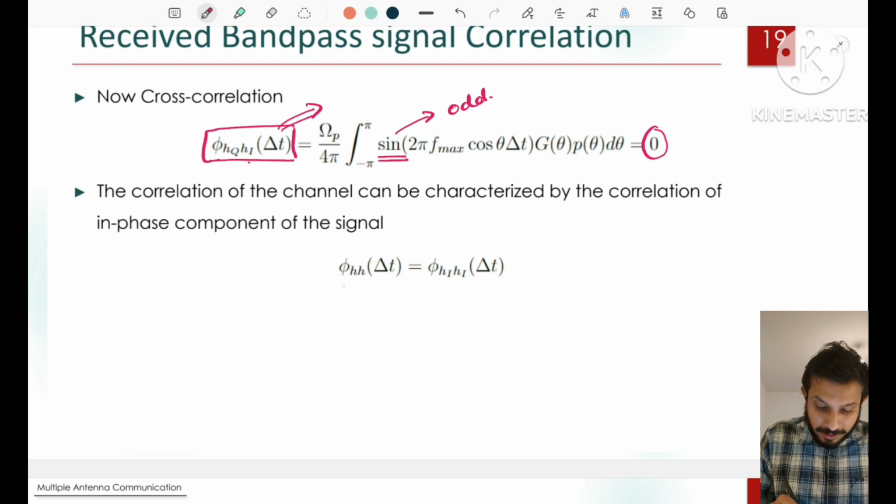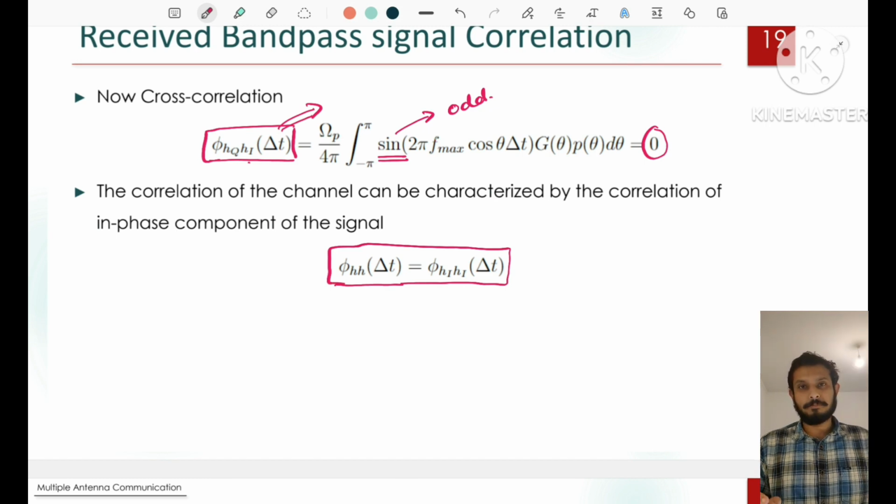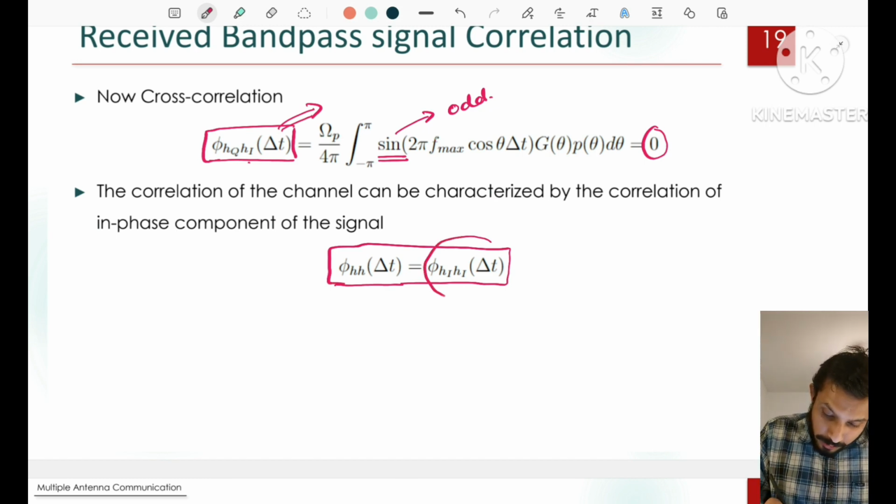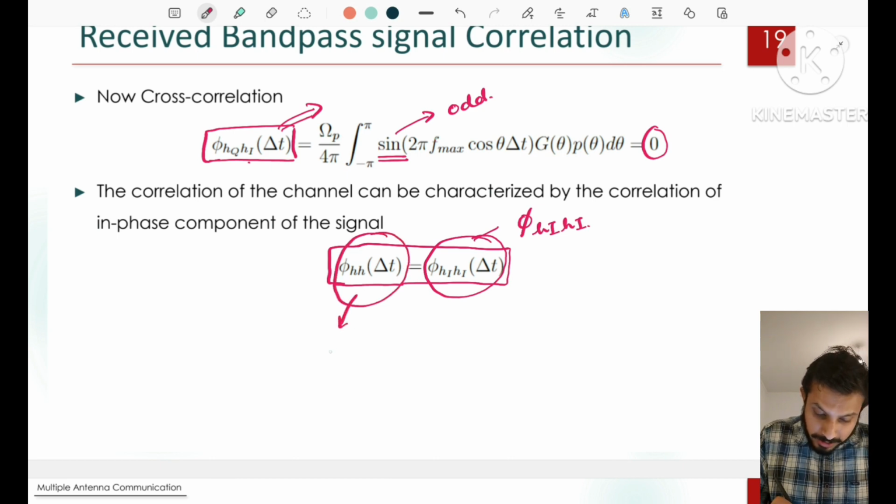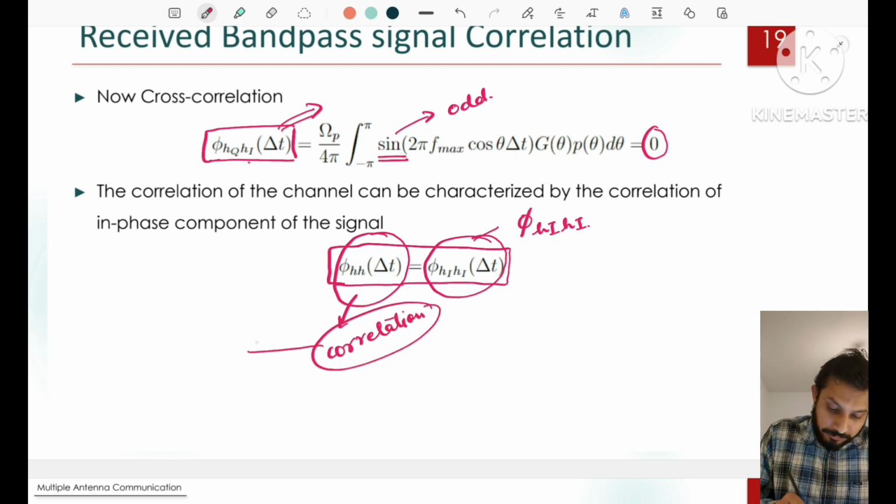That means phi HH of delta t is equal to phi HI of delta t. So if we know the properties of this phi HI, we know the properties of the correlation of the channel, and from this correlation we can study phi RR of delta t.